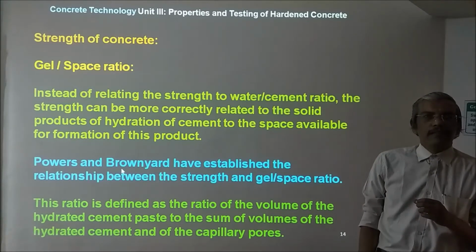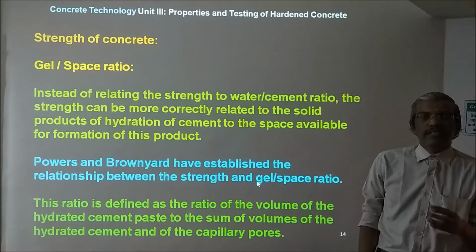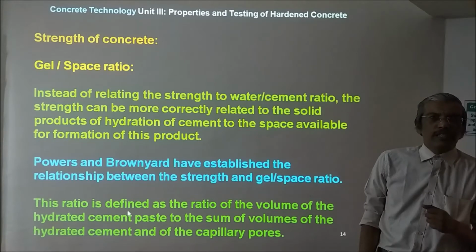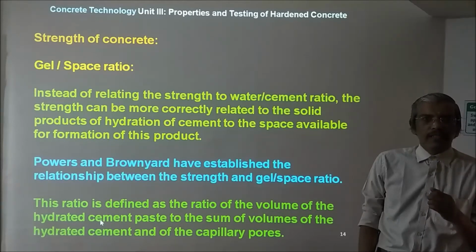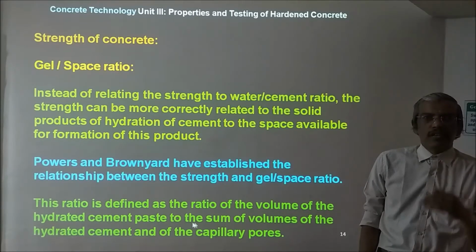Powers and Brownyard have established the relationship between the strength of the concrete and the gel space ratio. This ratio is defined as the ratio of the volume of the hydrated cement paste to the sum of the volumes of the hydrated cement and of the capillary pores.